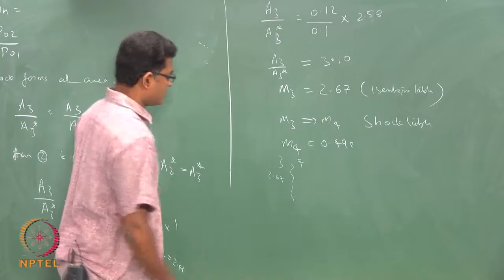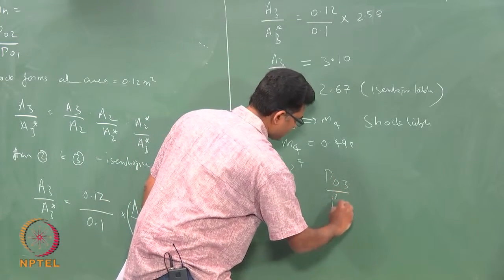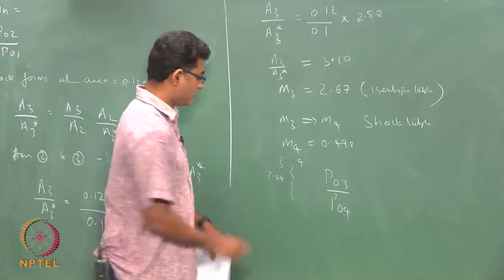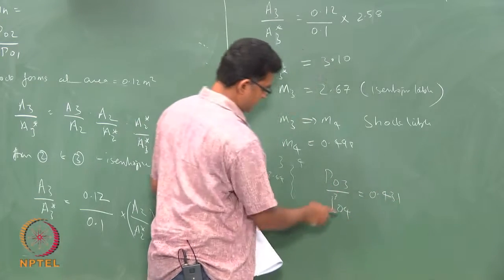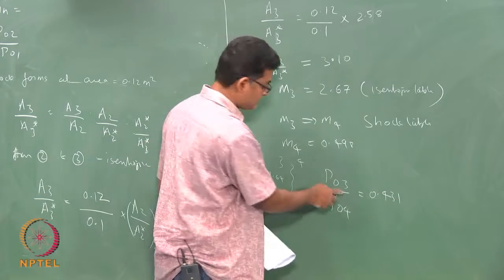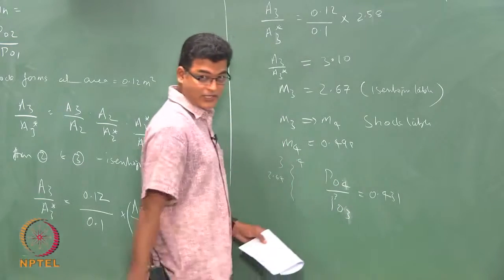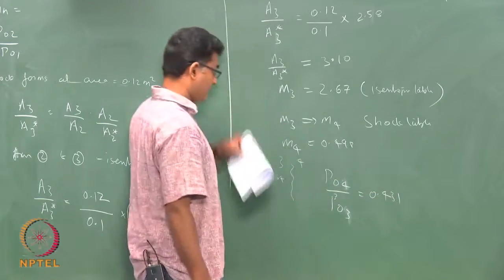Okay. This will also give me a P03 by P04; P04 by P03 is 0.431. Okay.